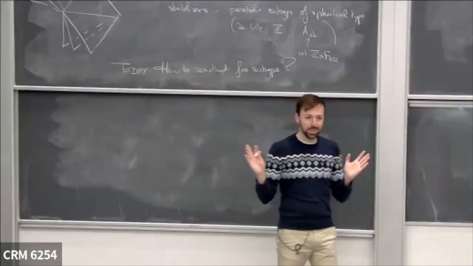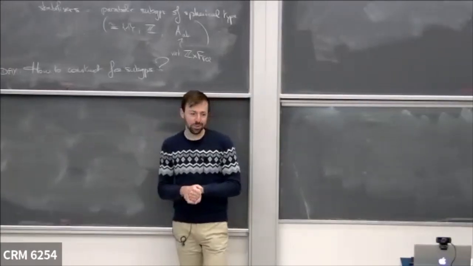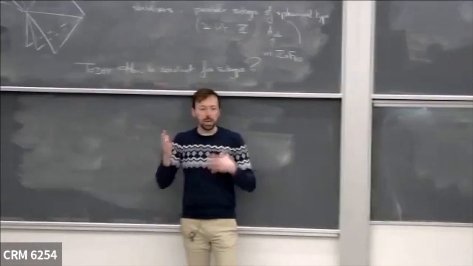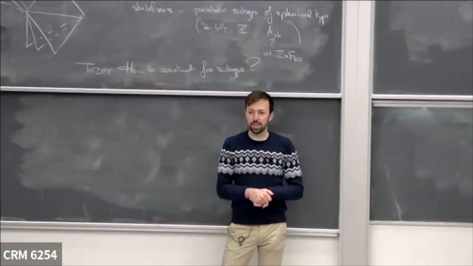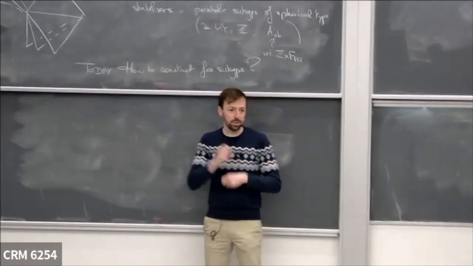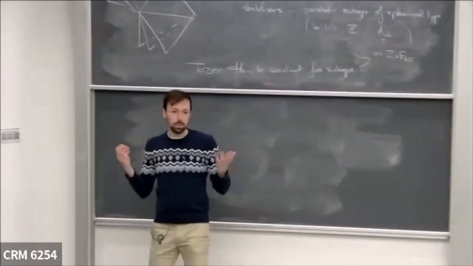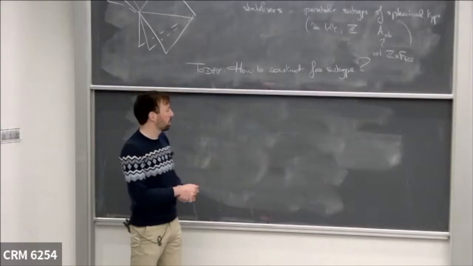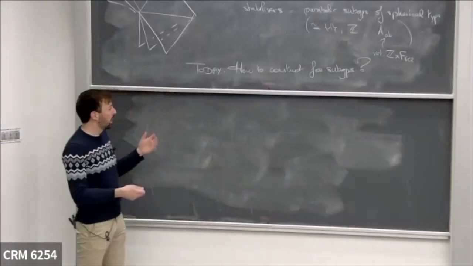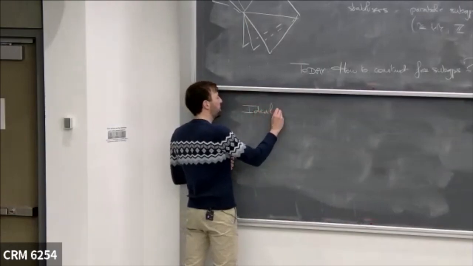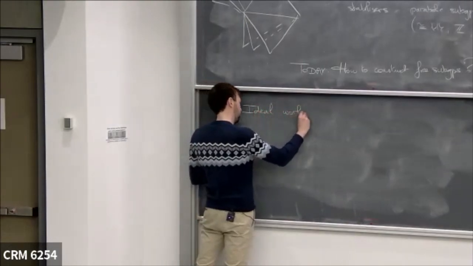Ping pong is the go-to method to construct free subgroups. And what is a nice geometry that allows you to play ping pong? Hyperbolic geometry. It's how you prove the Tits alternative for hyperbolic groups: you play ping pong using the Gromov boundary. So in an ideal world, this is what we would be doing.